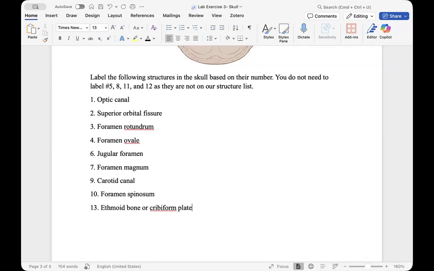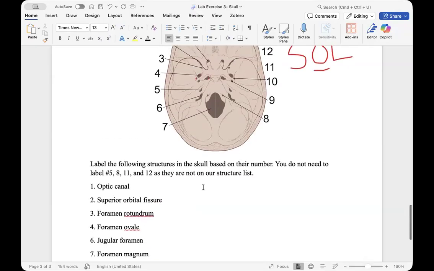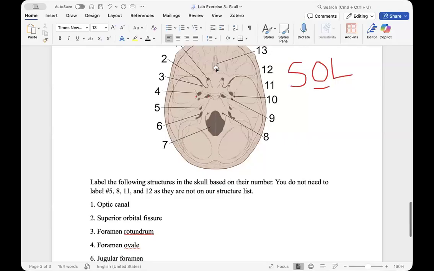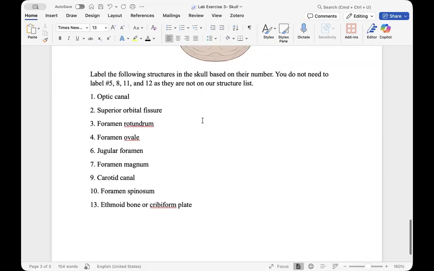Cribriform plate is aptly named. If you ever go to Cracker Barrel and sit at the tables, there's a game on the table, a triangle made of wood with a bunch of holes in it. That game is called cribriform. And so cribriform is referring to the amount of holes in this structure on either side of the ethmoid bone.